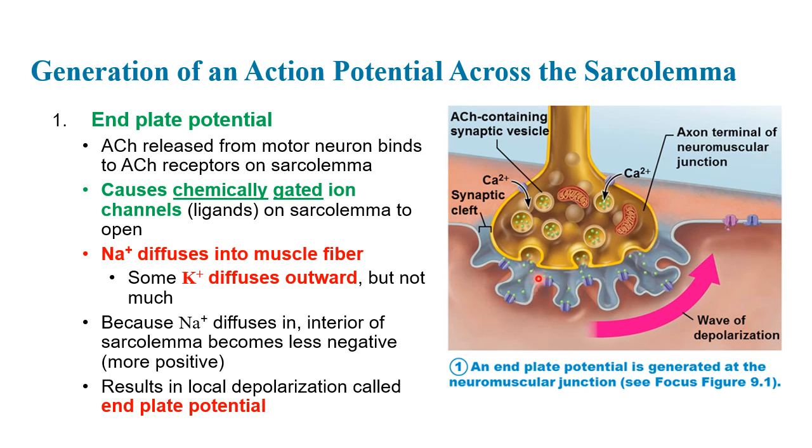It needs a ligand to bind to it, so it will open, okay? It is mainly a sodium channel. A little bit of potassium may leak through it, but it's mainly a ligand-gated sodium channel, okay? What is the ligand? Acetylcholine, that's your neurotransmitter. That's your ligand for the channel, okay?